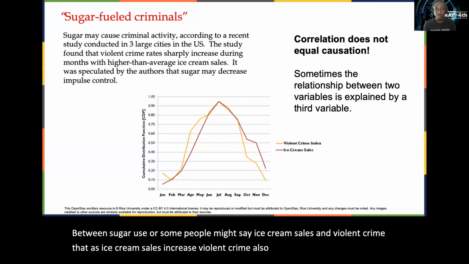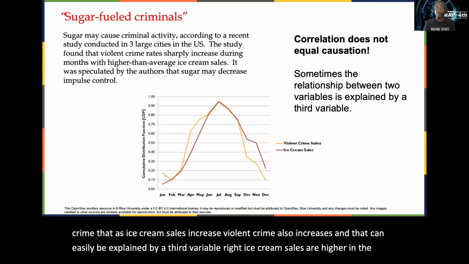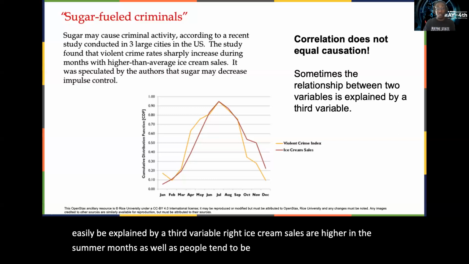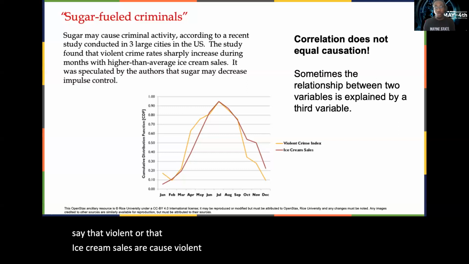That can easily be explained by a third variable. Ice cream sales are higher in the summer months, as people tend to be more outside, and violent crime tends to be more common in the summer months. For someone to say that ice cream sales cause violent crime, that would be totally false.